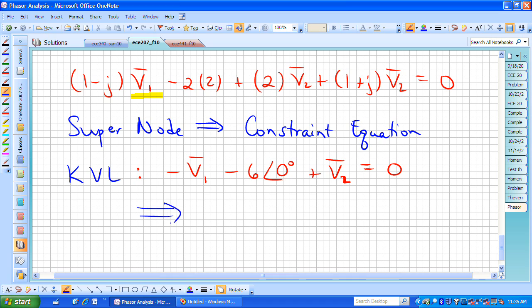From this KVL equation, we now have the V1. If I put that on the right, then that gives me V2 minus 6 is what V1 is equal to.